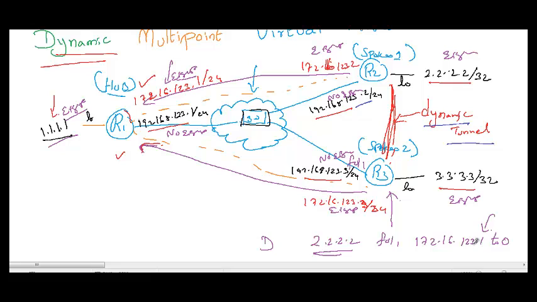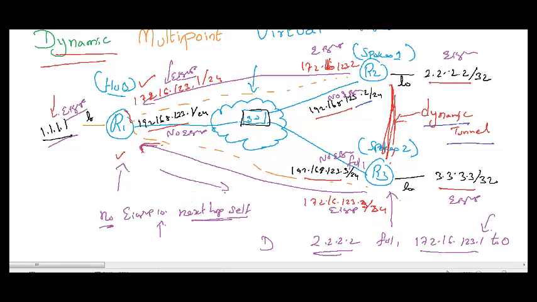To overcome this, I need to go to the hub router and say no ip next-hop-self eigrp 10. This 10 is the autonomous system number that we are going to use all over this topology. I am saying, hey, I'm not the next hop. So when you say this command, R1 while advertising will not put its own address.